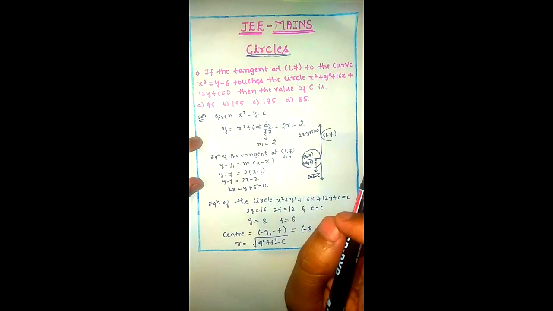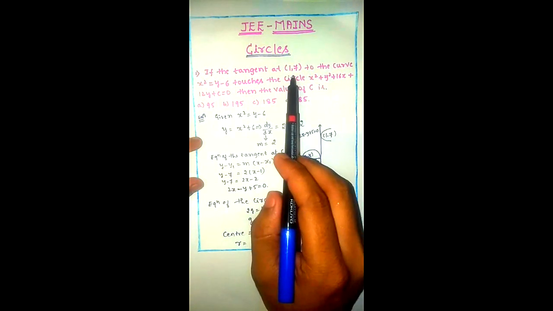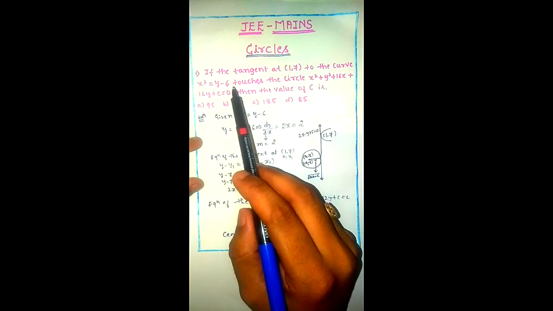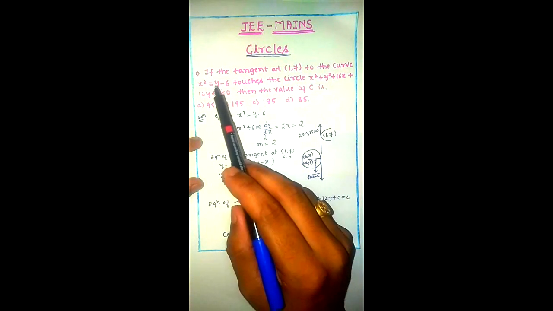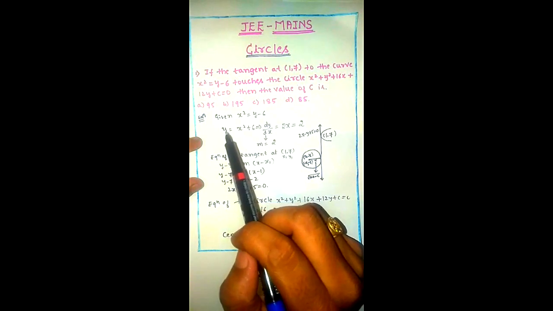We have to find the value of c. If I differentiate this equation, we get the slope of the tangent.